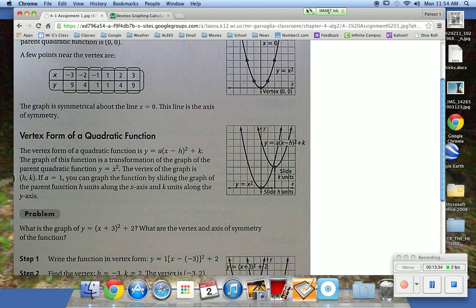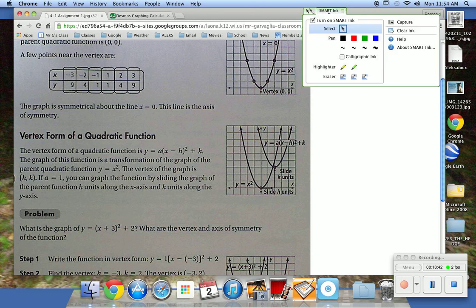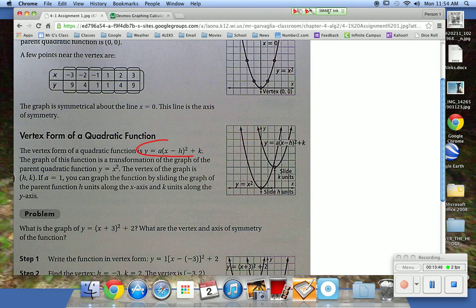Vertex form of a quadratic function. There is an equation right here, and you will have this in your assignment for today. And it's this one right here: y equals a times x minus h squared plus k.